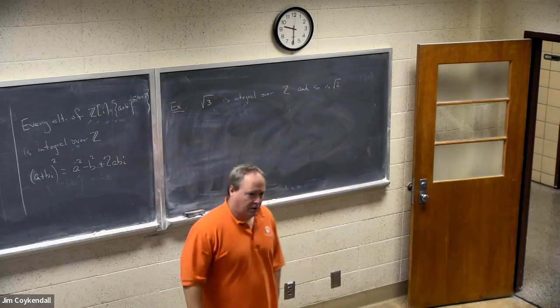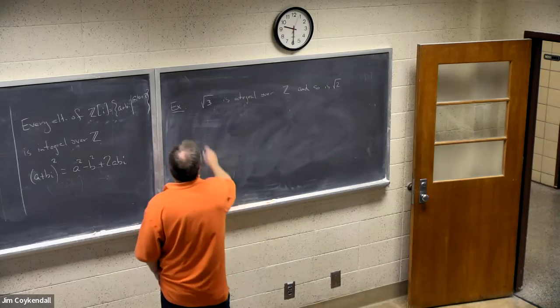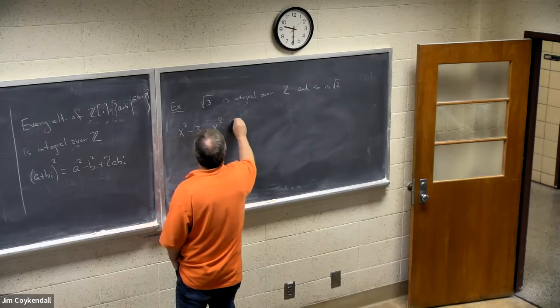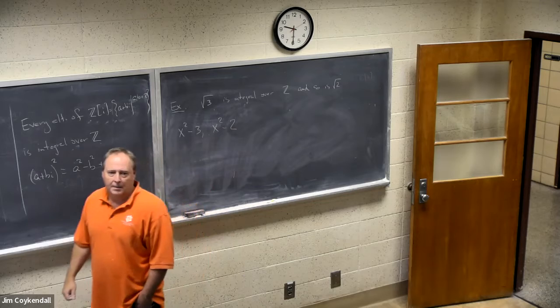Square root of 3 and square root of 2 are both integral over Z. This one is your x squared minus 3, and the second one is your x squared minus 2.